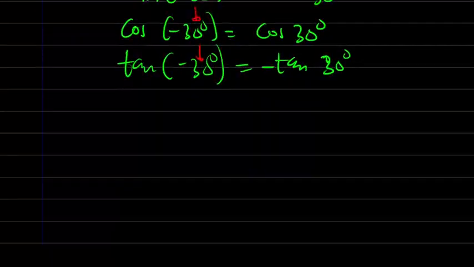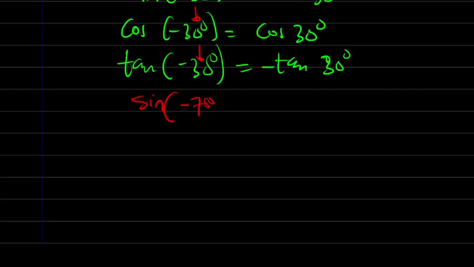The same thing works if you are given sine minus 70 degrees. Since 70 degrees is less than 90 degrees, we are still going to have minus sine 70 degrees.